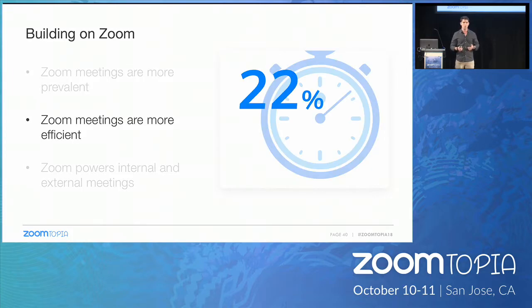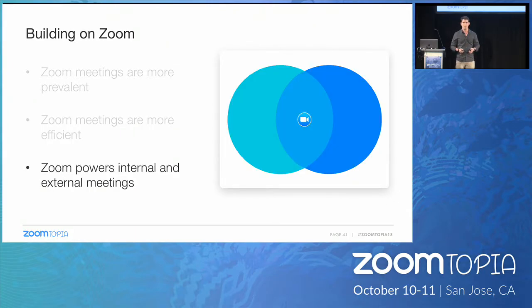Second, Zoom meetings in Hugo are 22% shorter than non-Zoom meetings. So we were confident that we also had the attention of teams that care the most about meeting efficiency. And finally, a Zoom call on Hugo is just as likely to power an internal meeting as it is an external meeting. Internal meetings are a big growth driver for Hugo, and so that was really important to us.